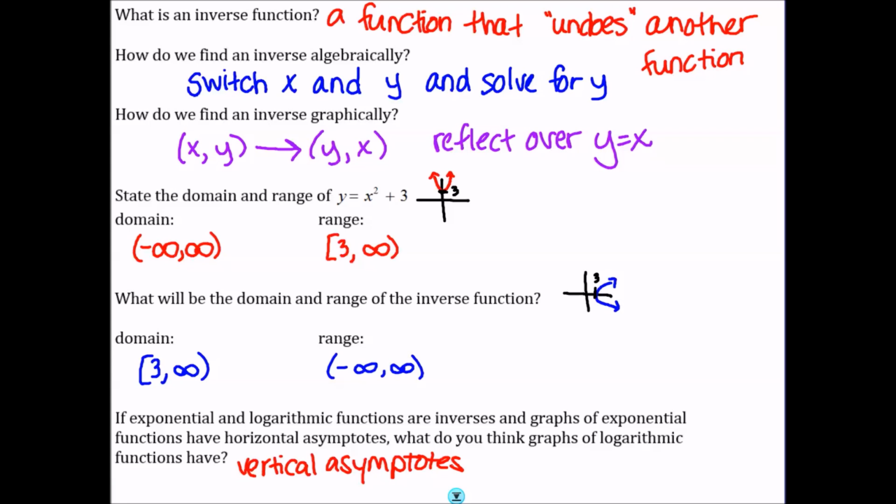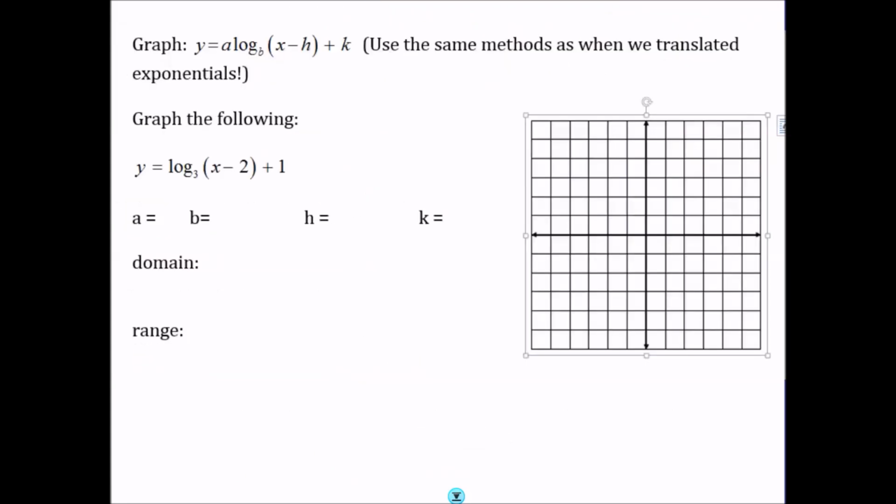So let's look at a few examples. The general equation for a logarithmic function is y equals a times log base b of (x minus h) plus k. So we're going to do this the same way that we did graphs of exponential functions. We're going to write out a, b, h, and k.